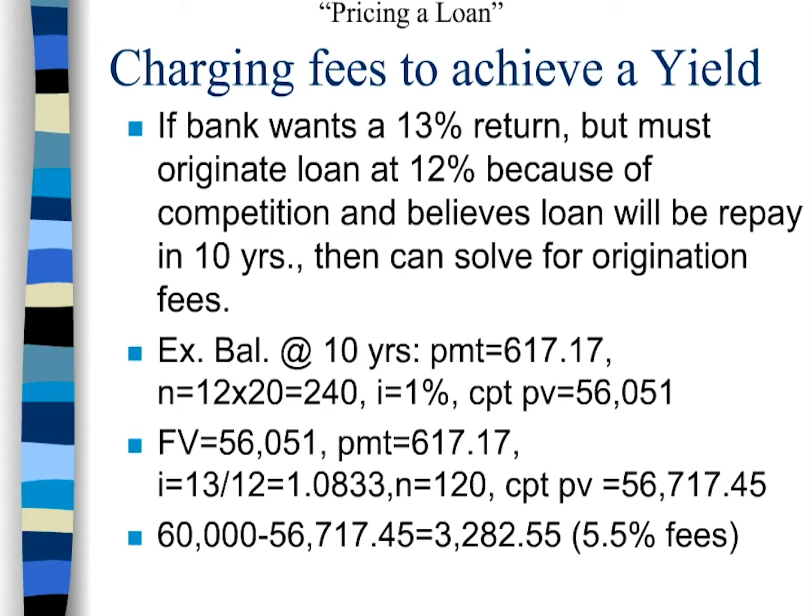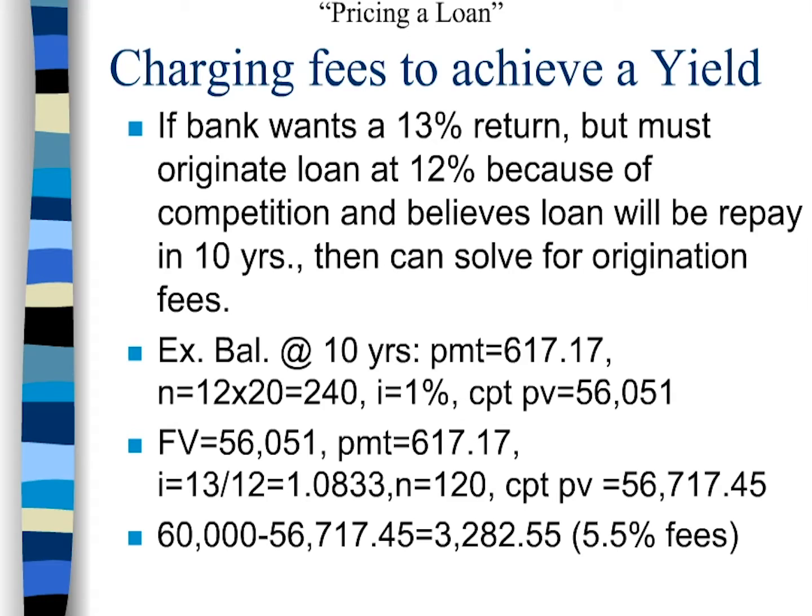That would be your N, 1% interest rate, the future value is 0, and your payment on that $60,000 loan is $617.17. So we get a present value of $56,051. That would be the amount they would assume would be left at the end of the 10 years. So now when we're looking for the rate to charge, that would be the future value. The payment is the $617.17.